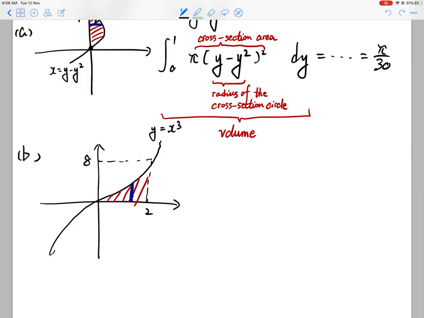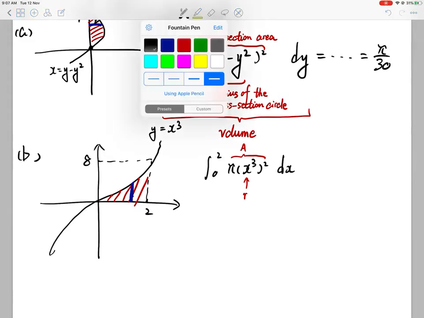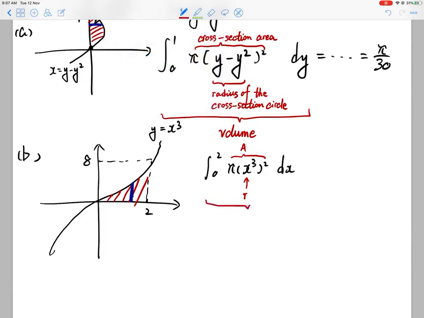The radius is x cubed. This is the radius of the cross-section circle, and then you take pi r squared. This part is the cross-section area, and you integrate it from 0 to 2, because these two are your boundaries. This will be your volume.